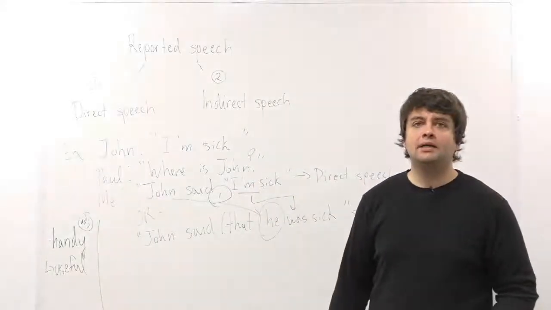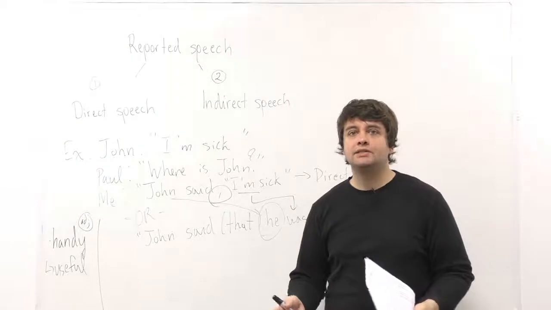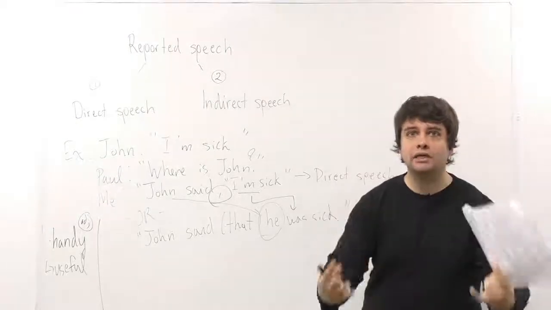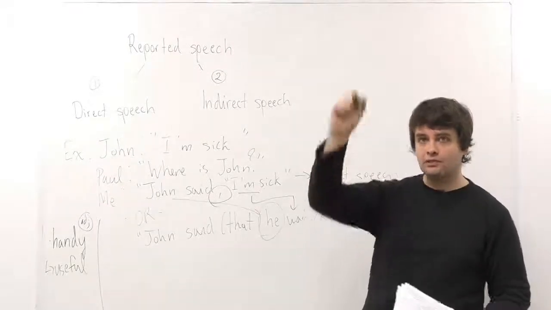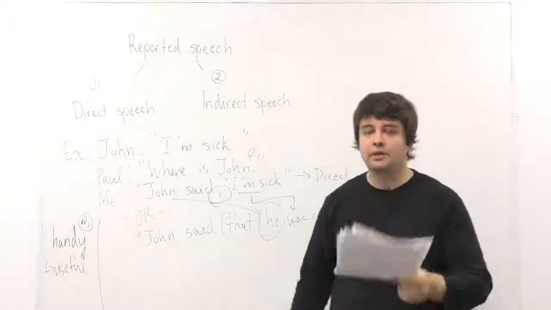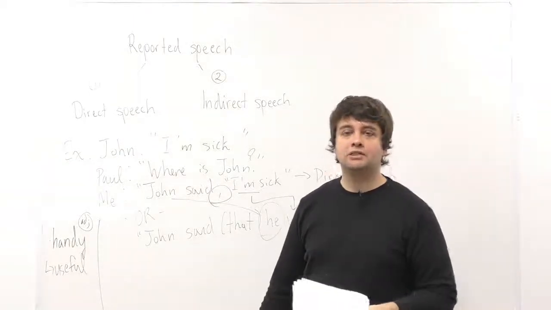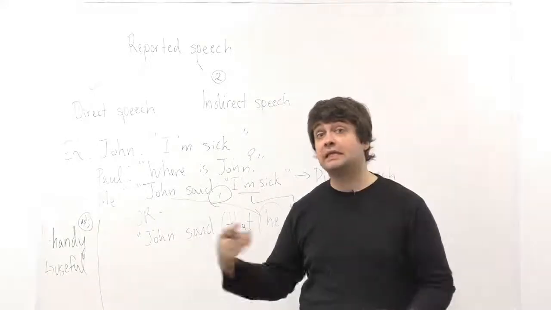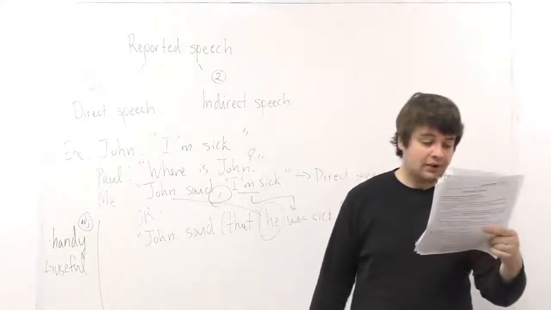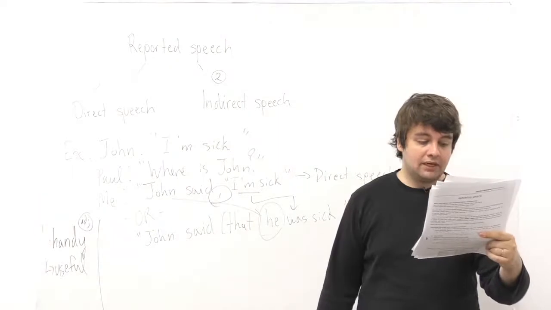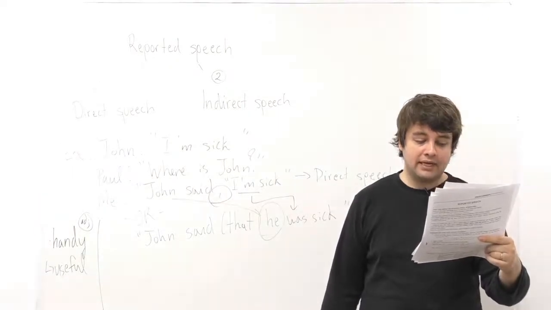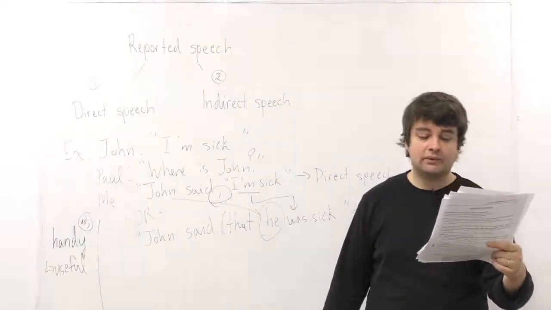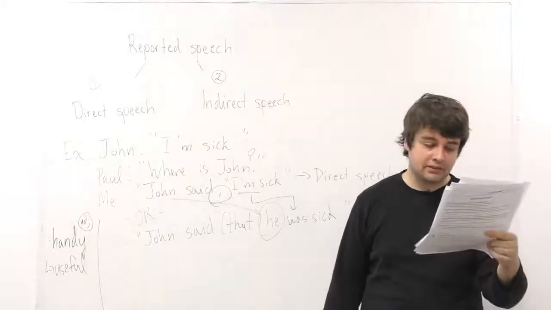But if you really want to emphasize that the person was exclaiming or exaggerating something, using an exclamation mark, you'll just want to use the verb exclaim. He exclaimed that, right?